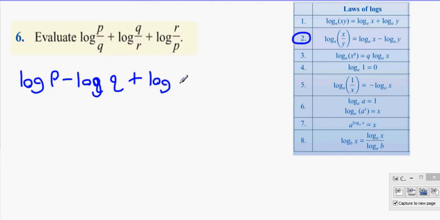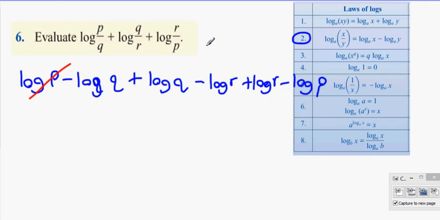Log Q minus log R. And then finally the last one, log R minus log P. And what happens to them all? They cancel. The answer is 0.